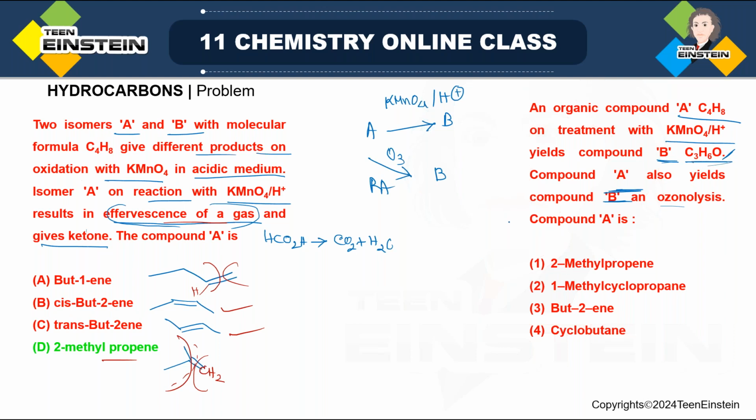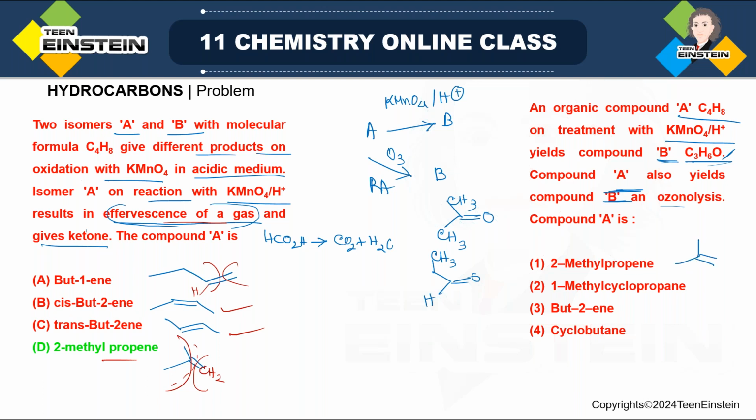Now C3H6O, what type of structure there may be? It may be acetone. Is there any other possibility? Suppose if I am drawing it like an aldehyde, then one more carbon, 1, 2, 3.